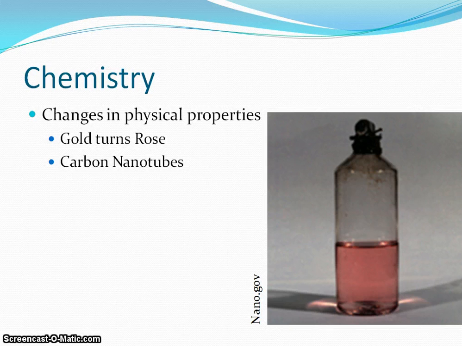This is because the electrons hit it differently. And carbon nanotubes, you wouldn't ever think of anything that's carbon being able to grow, but you can grow nanotubes on nickel plating once it gets to a very cold temperature.